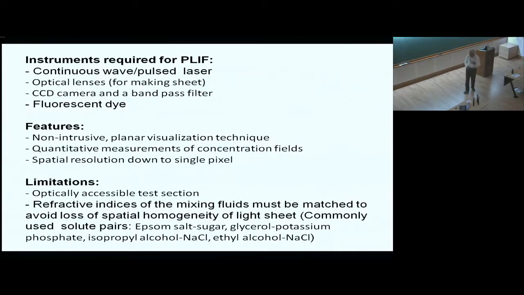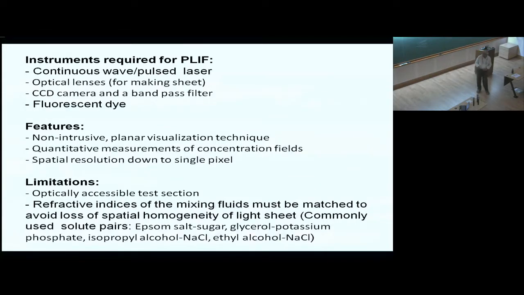If you look at a sheet of light like this, because of refractive index fluctuations you'll start seeing dark and bright lines, which, if you want to measure, for example, the concentration, will obviously give you wrong information.